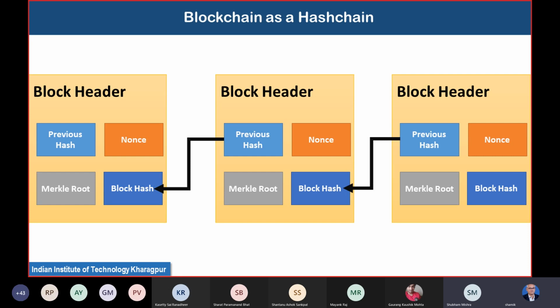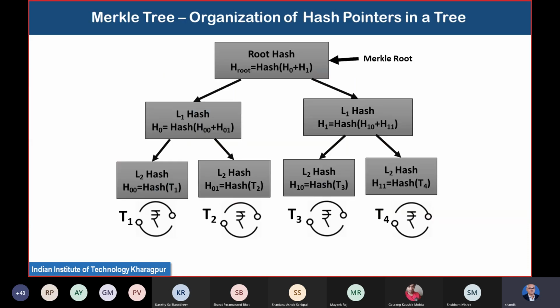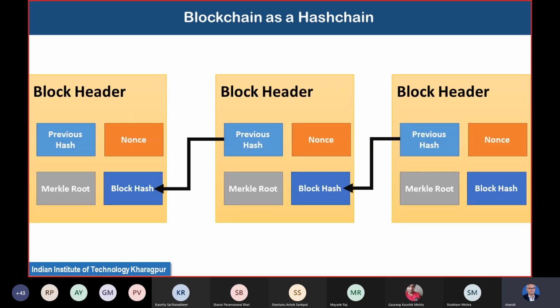Yes, sir. Okay. And now you see that if this block hash changed, then the next hash pointer will break. So the attacker will also have to fix the block header for the next block, and so on. So you see that for any change in the actual transactions, the transactional data that will be stored in the blocks, this T1, T2, etc., anyone who wants to change it will cause a change in the Merkle root, and that Merkle root change will imply that the block hash will not match.